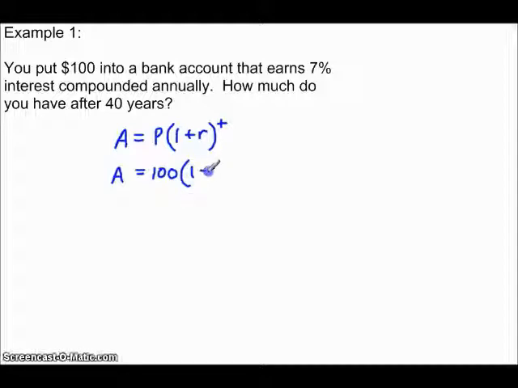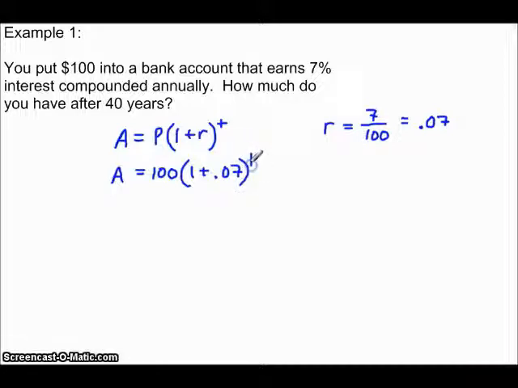I'm going to have 1 plus, and my R, the way we figure that out is we take the 7% and we divide it by 100. That's how you make that percent a decimal. And when you do that with your calculator, you should get 0.07. So that is our R value.